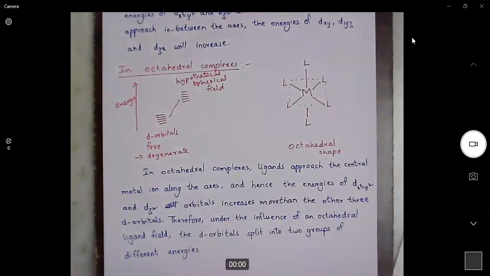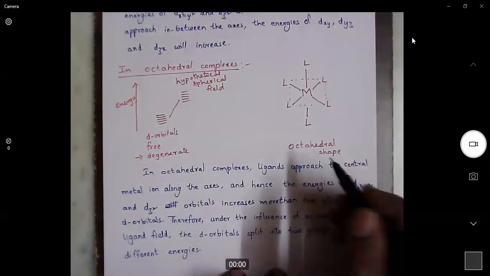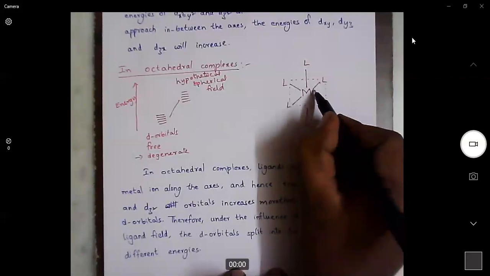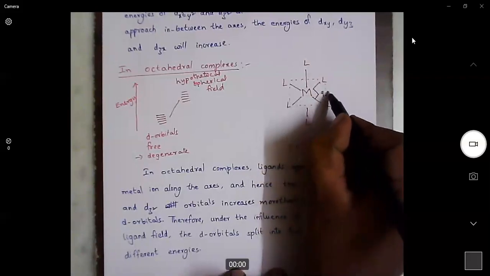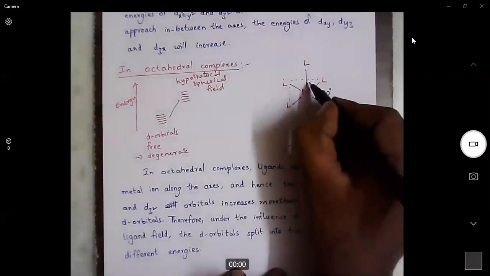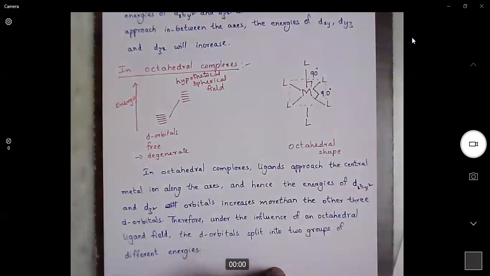When we imagine the axes in octahedral complexes, because these 4 ligands are in the plane, they will have a bond angle of 90 degrees. And out of the plane, this will also have a bond angle of 90 degrees. That means all the bond angles in an octahedral geometry are 90 degrees.